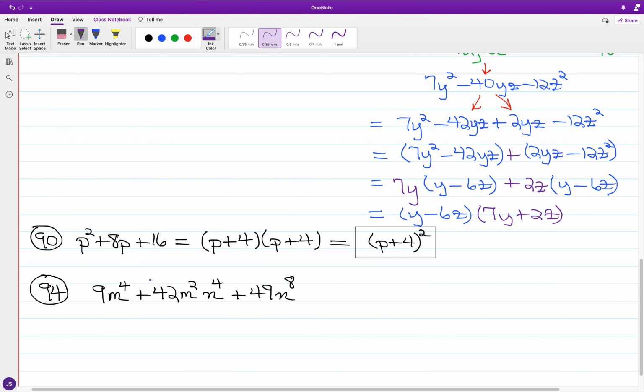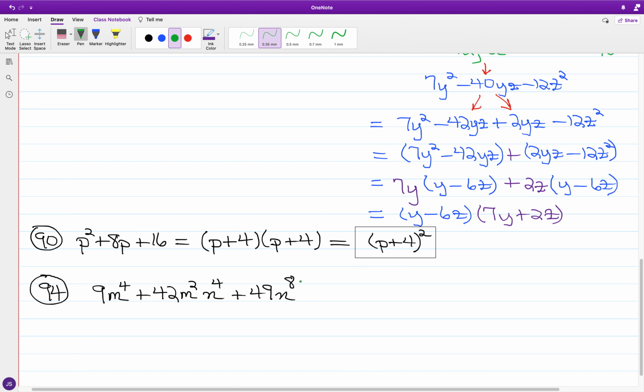But if you notice with the letters m and n, m is present only for the first two, and n is present only for the middle and last terms. And the highest number that divides 9, 42, and 49 is only going to be 1. So I can go ahead and perform the factoring by grouping.